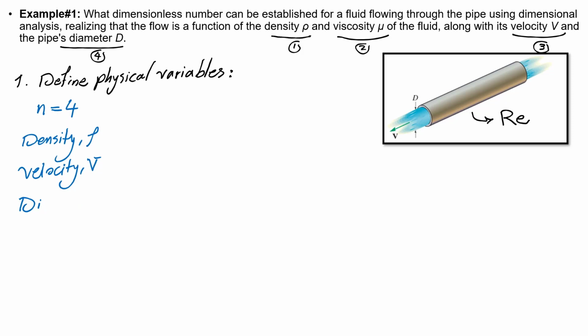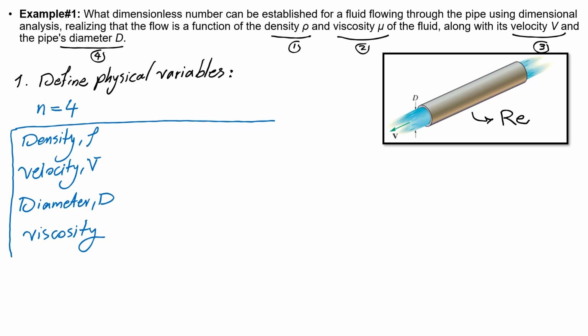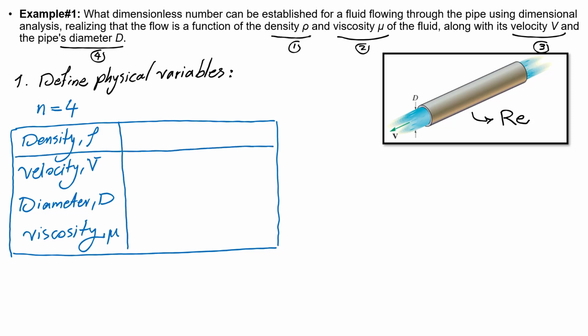Viscosity. Okay, and then I'm going to write down their dimensions. Let me quickly create a table. Viscosity is mu. This is dynamic viscosity. In the cell in front of it, I'm going to write down their dimension.